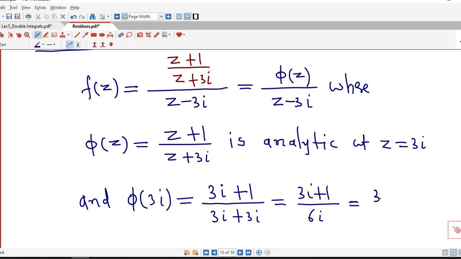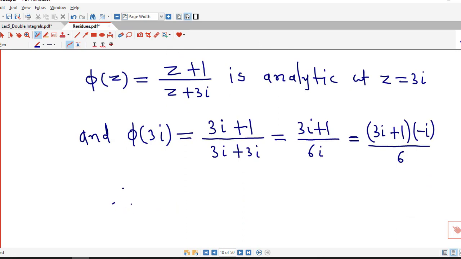Now we can replace 1 upon i by minus i. So we have (3i plus 1) into minus i divided by 6. Therefore the value of phi at 3i, we simplify this: we multiply 3i plus 1 with minus i, so 3i into minus i is minus 3i square, minus i.